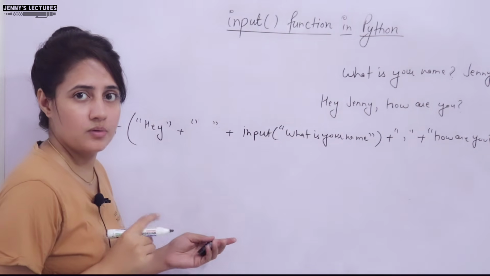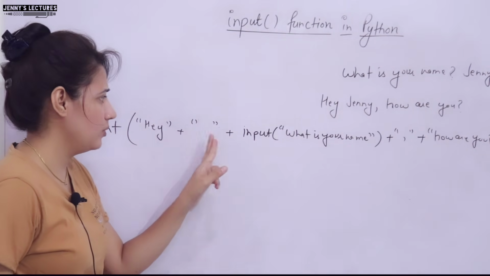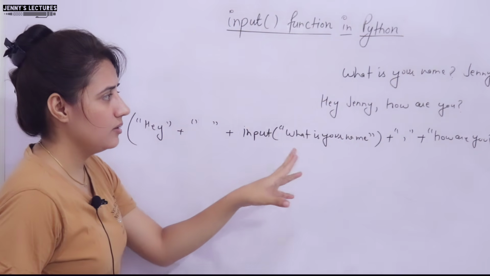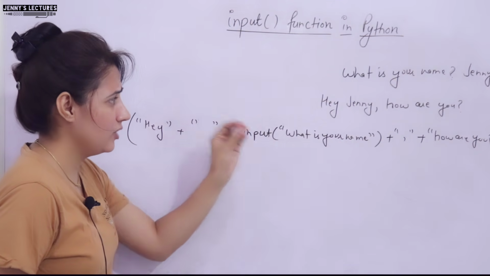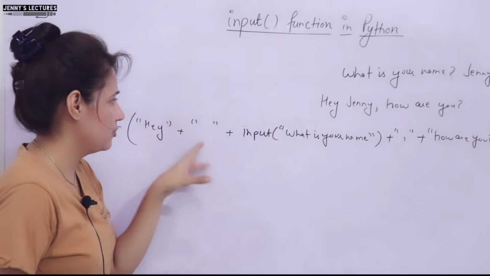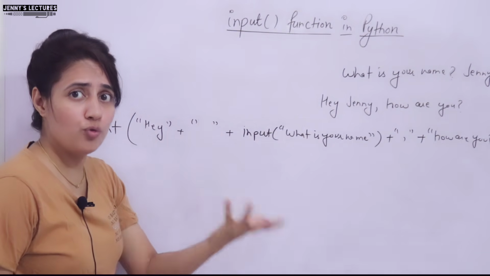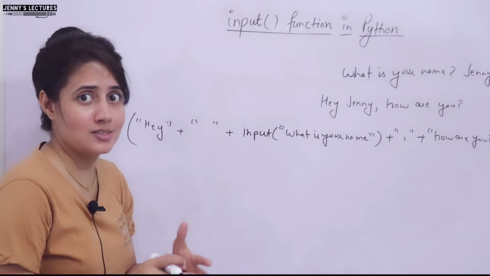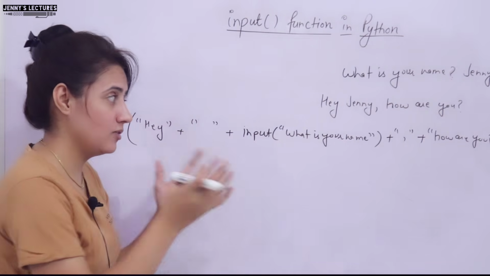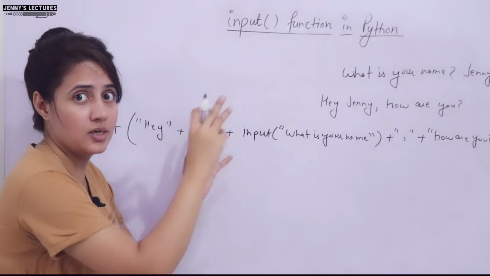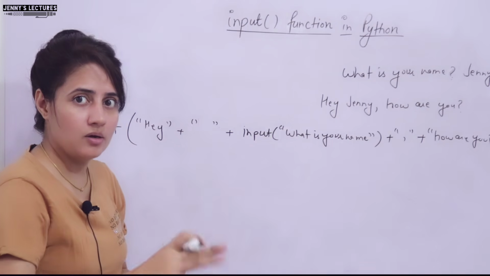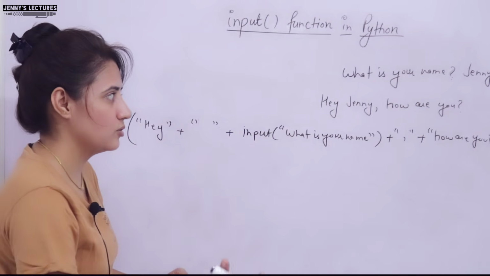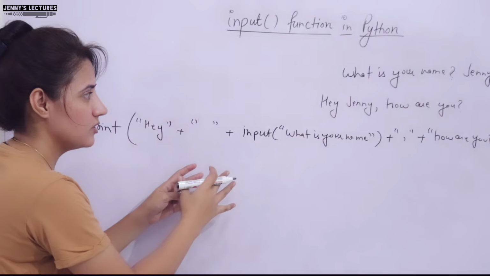This is one way. As you can see, with the plus symbol it is actually quite difficult to concatenate these strings and to take care where to put the comma, then the space and all. There are many more ways to concatenate strings, rather than keeping all this in mind, like putting plus here, then space. Those ways we'll discuss when we discuss strings in more detail. So for now this is the way.